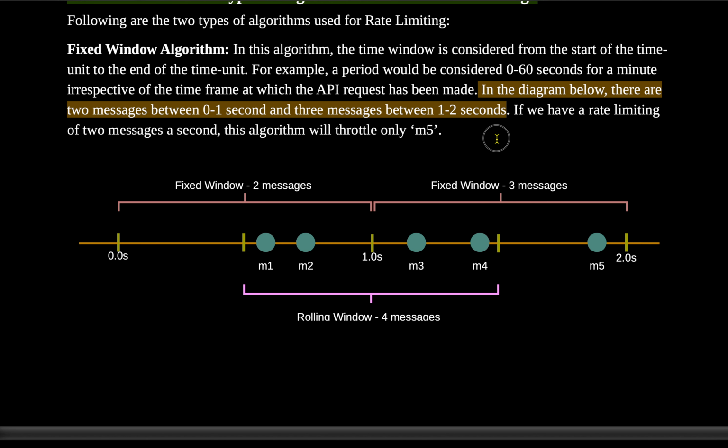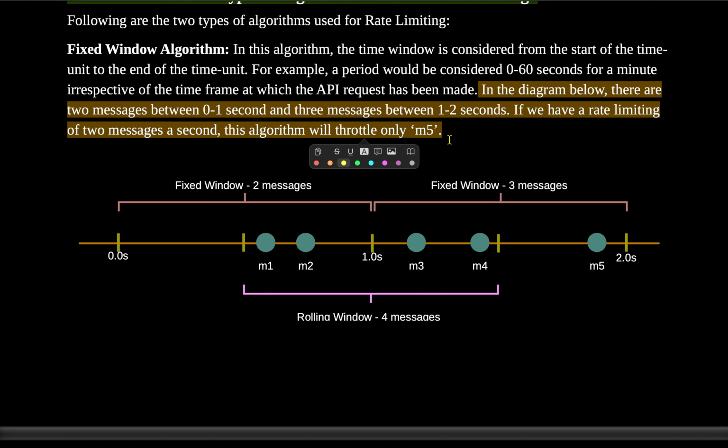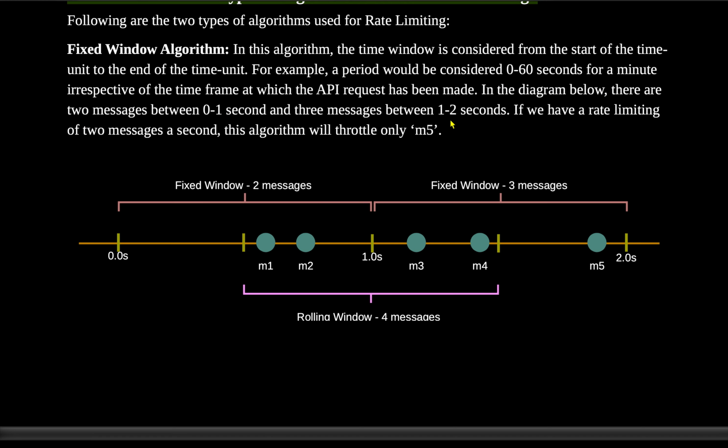In the diagram below, there are two messages between 0 and 1 second, and three messages between 1 and 2 seconds. So this is M1, M2, and this is M3, M4, M5.